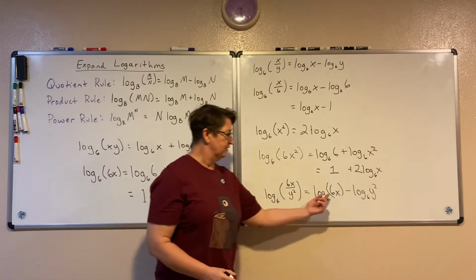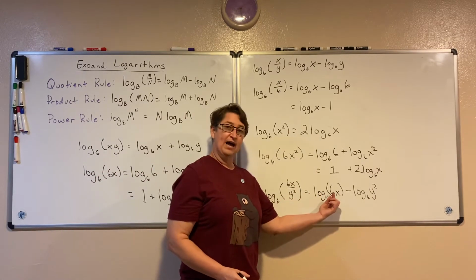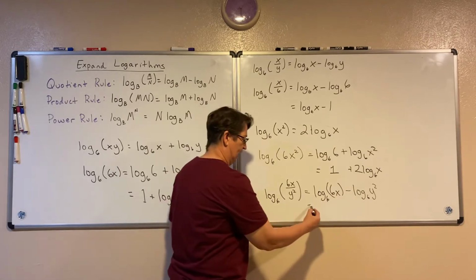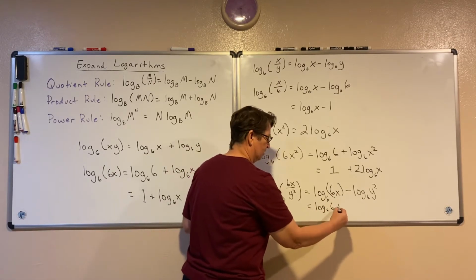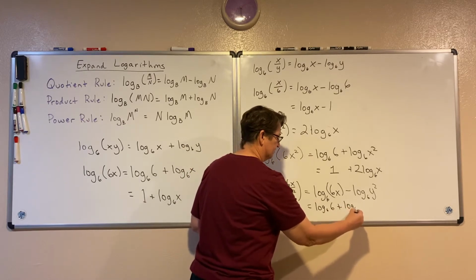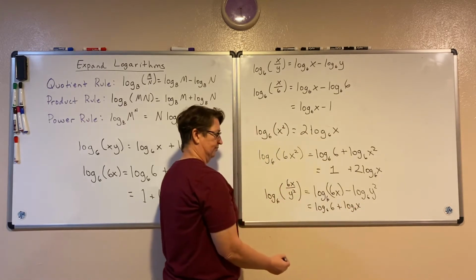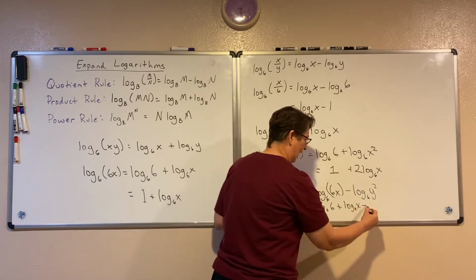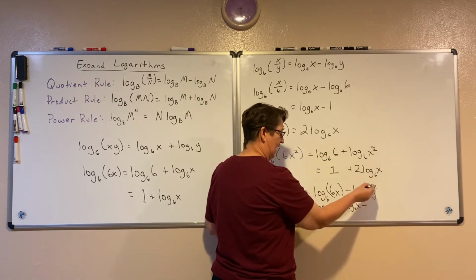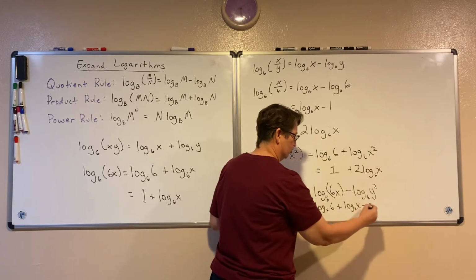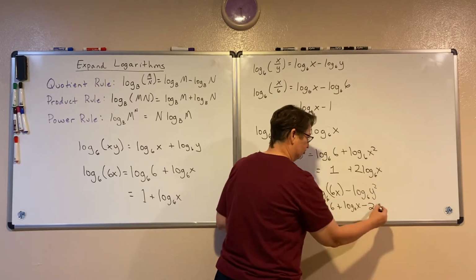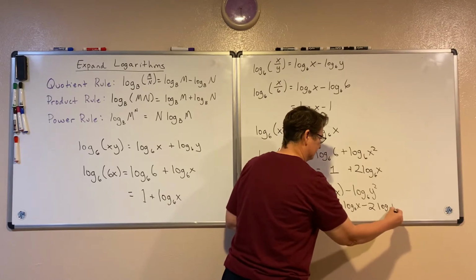Then notice in this argument I have a product. So now I have log base 6 of the first number plus log base 6 of the second number. Still subtracting, but here notice I have that power. I can use the power rule to multiply this 2 times my log base 6 of y.